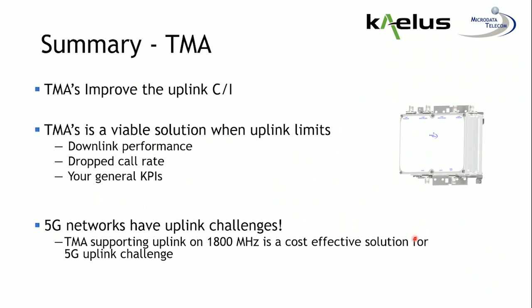If you look at nighttime and indoor users, etc., they will still see a benefit from the TMA. TMAs are a viable solution when uplink limits the downlink performance, the drop call rate, or your general KPIs, and if you have a jumper loss of 1 dB or more.